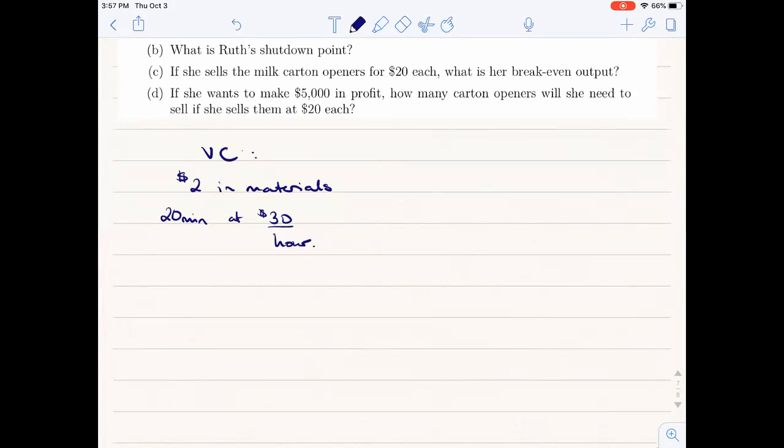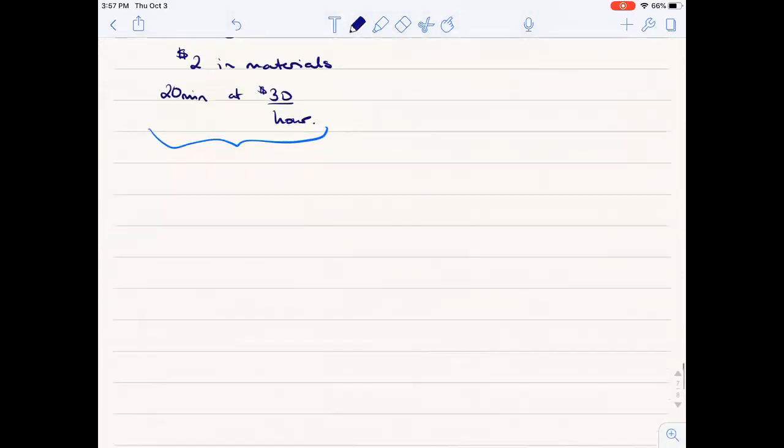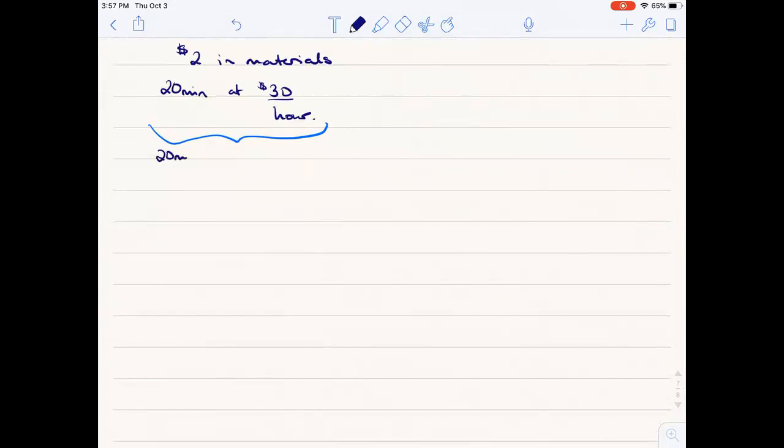How are you guys with unit conversions? 20 minutes is a third of an hour, right? And then a third of an hour times $30 per hour, each of them costs $10 in time. Here I'll do a little side thing. 20 minutes is 20 over 60 hours. 20 over 60 is 1 over 3 hours.